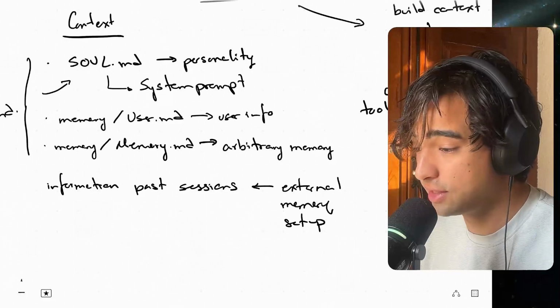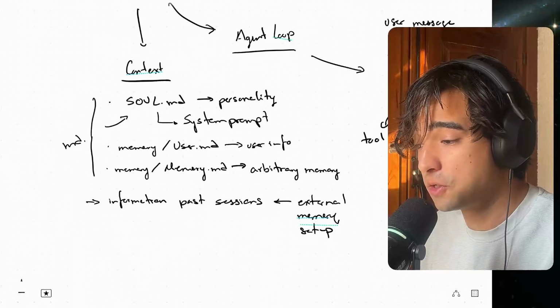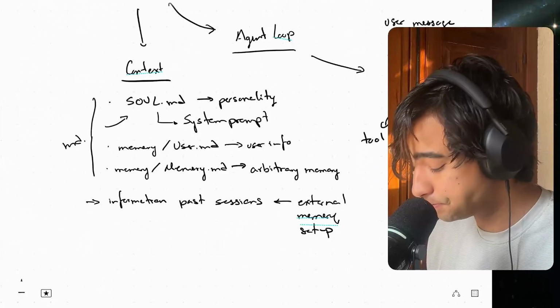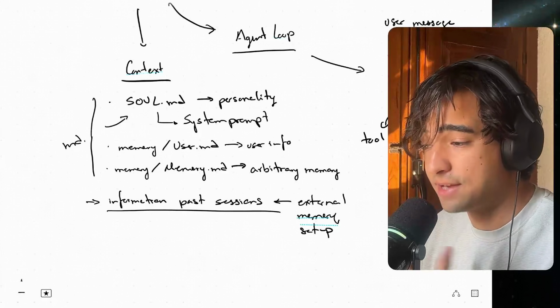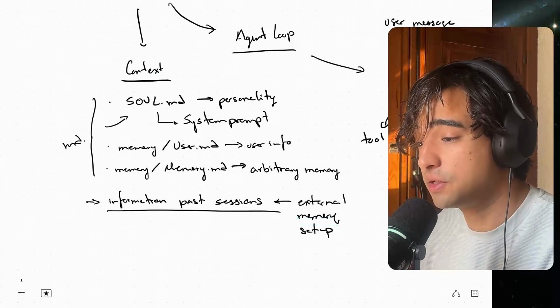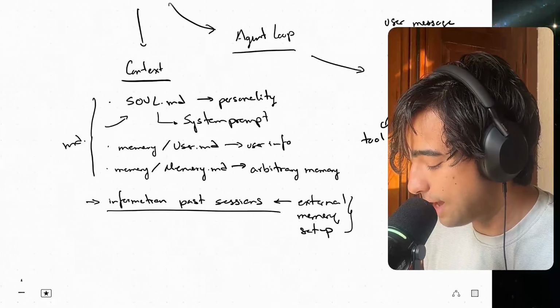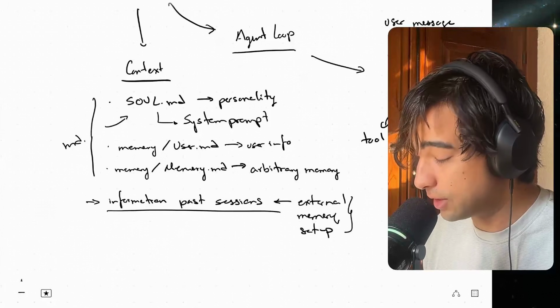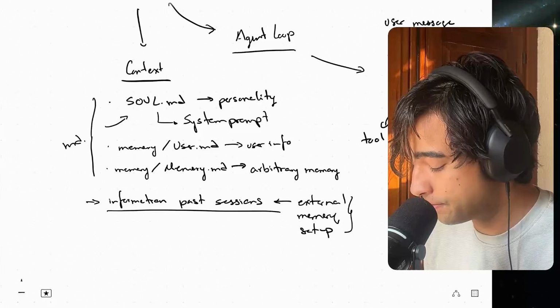If you have not set up your external memory, this is not going to appear. We're going to talk a little bit more about memory later on. But this is basically just a summary of past conversations that might be relevant to the conversation you're currently having. Again, this is not going to be the case by default if you do not set that up.